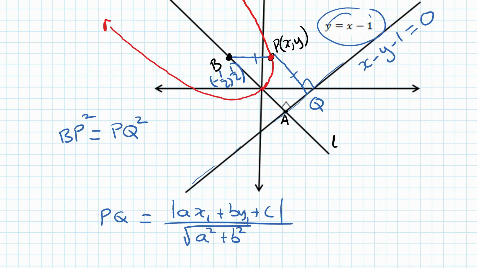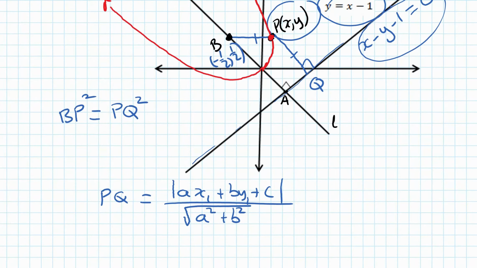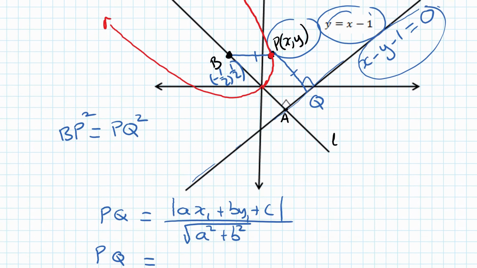The equation is this, and the point is this, so we just use that. I just put them in. In this equation, I just write it down: x minus y minus 1 equals 0. So A is 1, B is negative 1, and C is negative 1 as well.